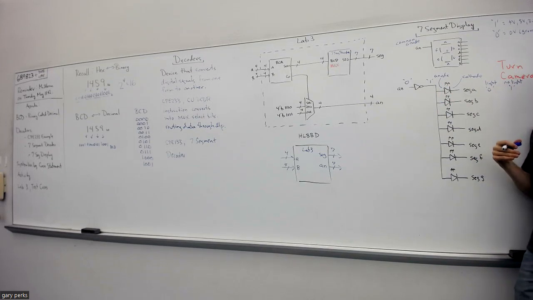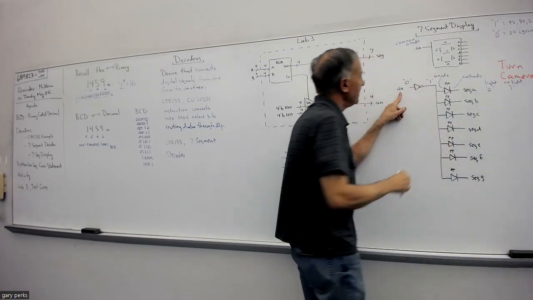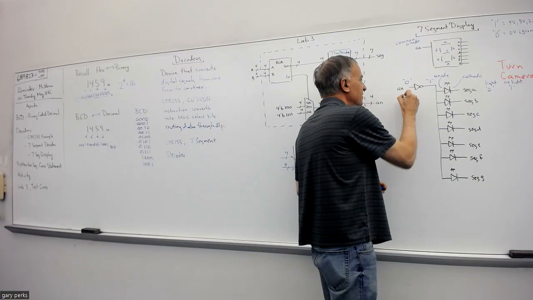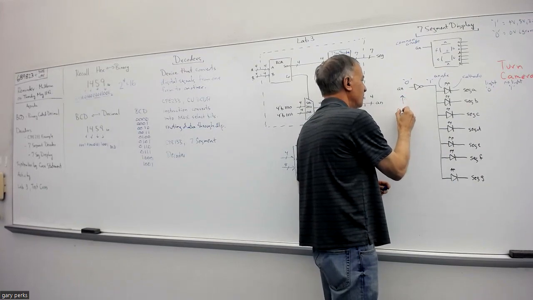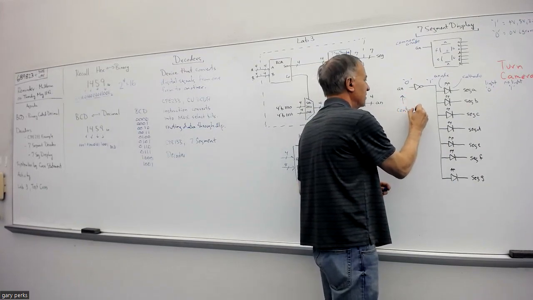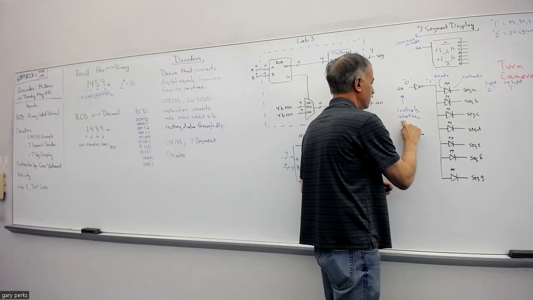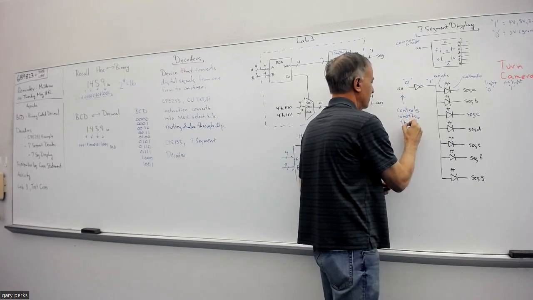It's the current that flows through the LED that gets it to light. So what this boils down to is that this AN bit controls whether the display will light at all.